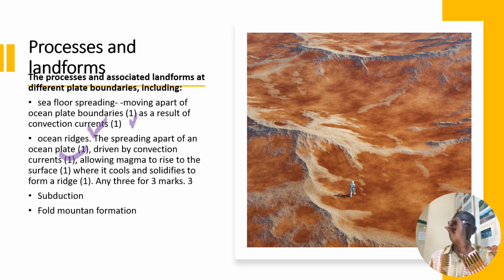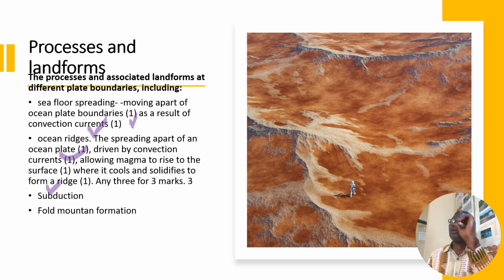The mid-Atlantic ridge we dealt with is caused by the spreading of the mid-oceans driven by convective currents, one mark. When it cools, it solidifies to give us the ridge. So you have to give us 3 points to get the 3 marks. Is that okay?